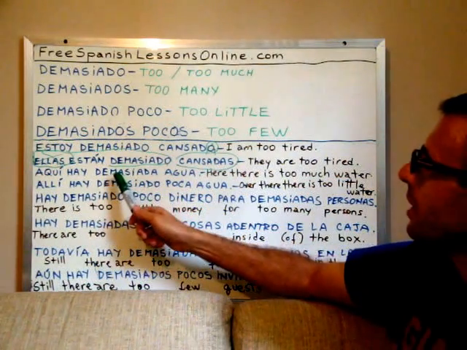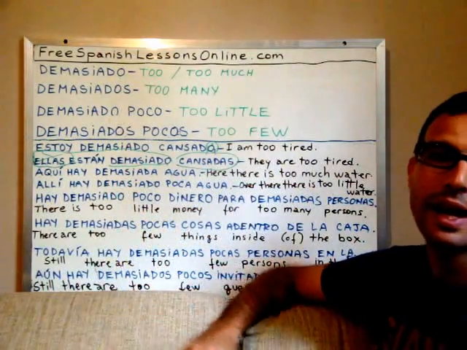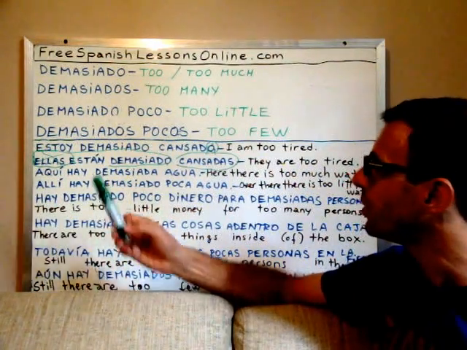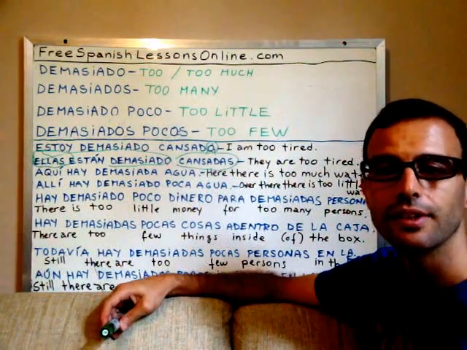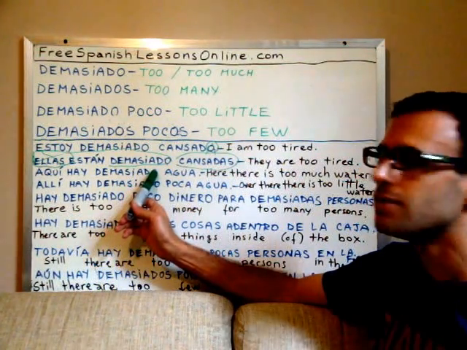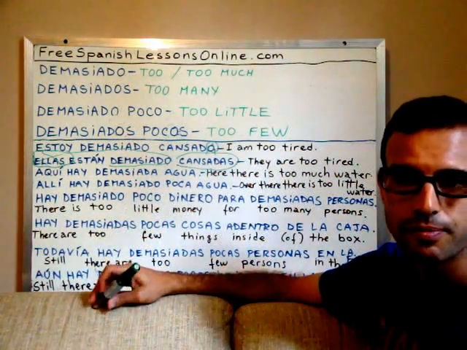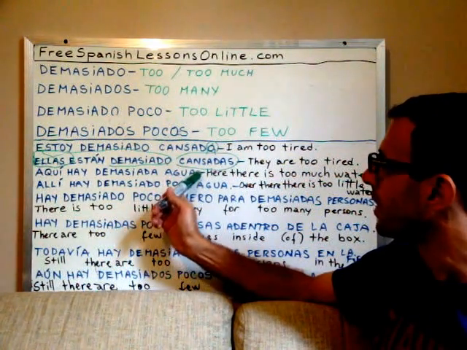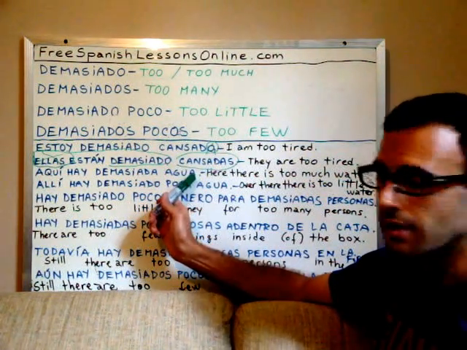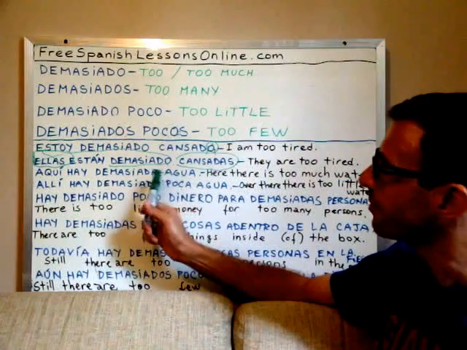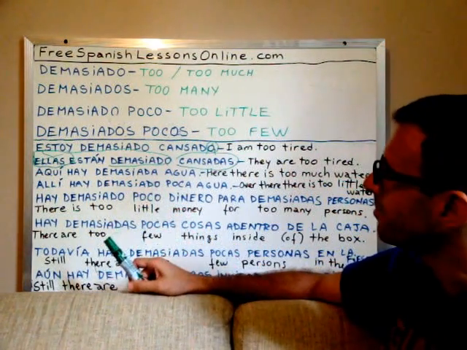You see here, when demasiado means too much, or when it functions as an adjective, it does change the ending to match the noun. In this case, agua is singular and it is feminine, right? Agua is water. So demasiada ends in an A, right?